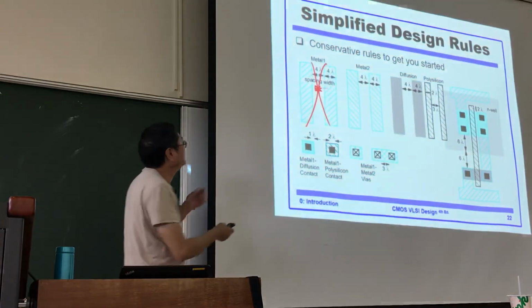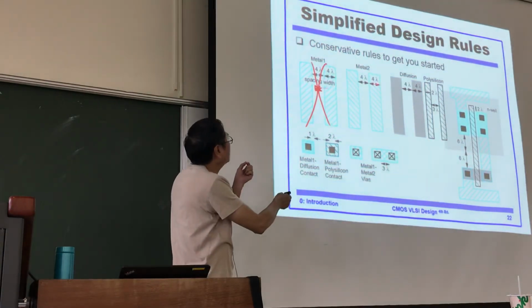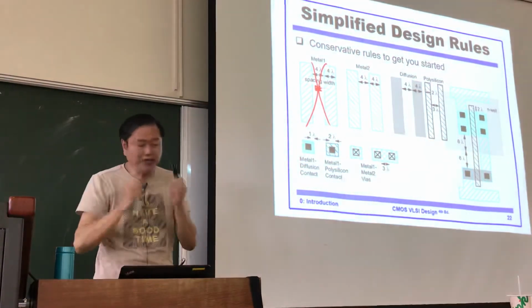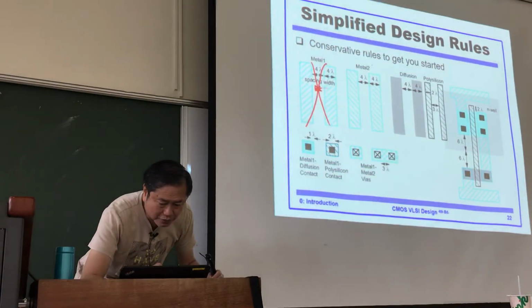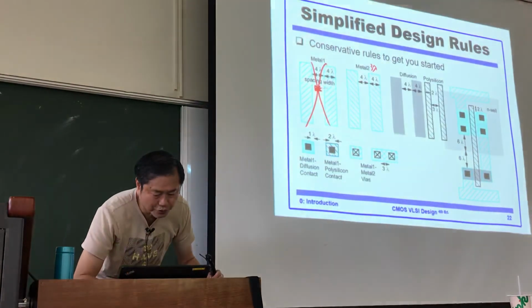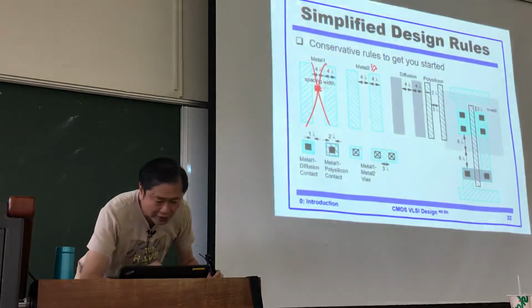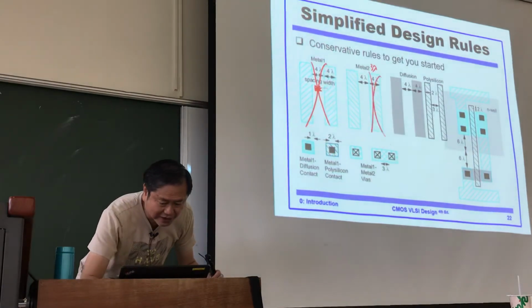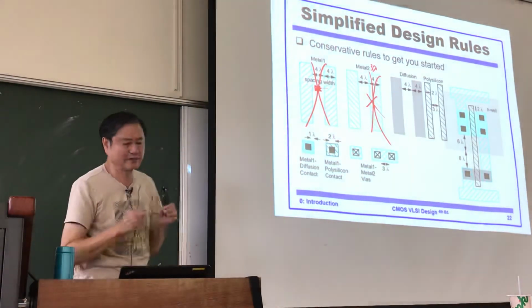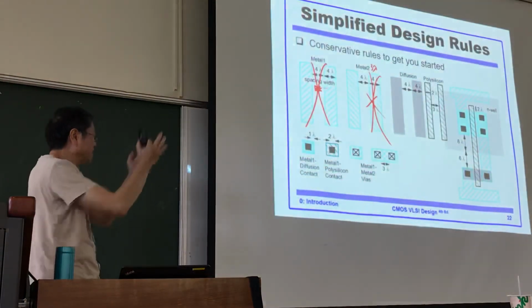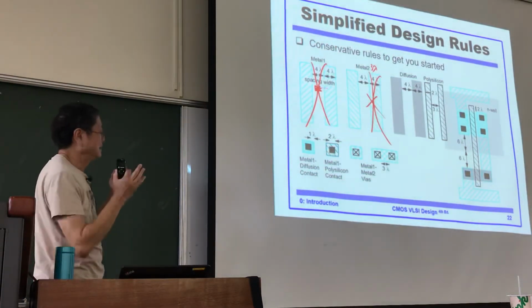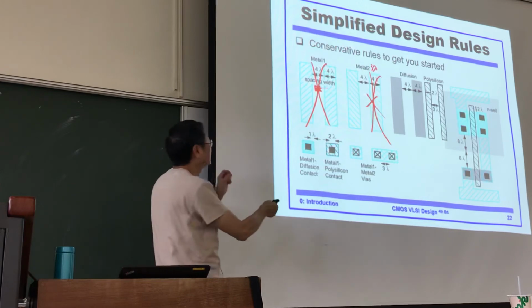And also the width. Why do we need to require the width? Because of the accuracy of the equipment, if it is too narrow, it's broken. Because of the inaccuracy of the manufacturing process, the wire could be broken.